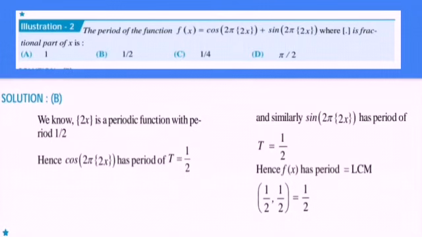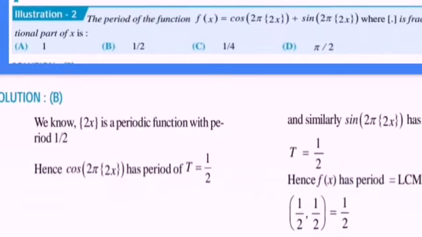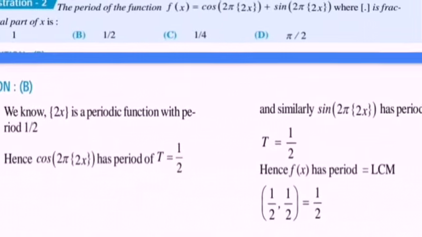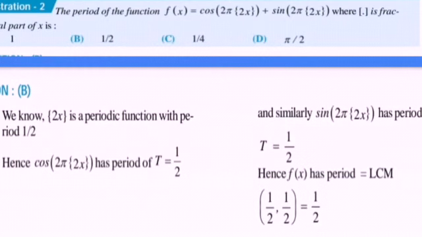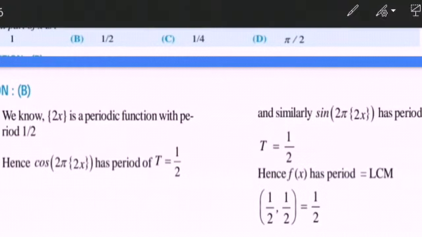Similarly here you see 2x, it's a fraction part. As you know, the fractional part of x has period 1, and the fractional part of 2x has period 1 by 2.